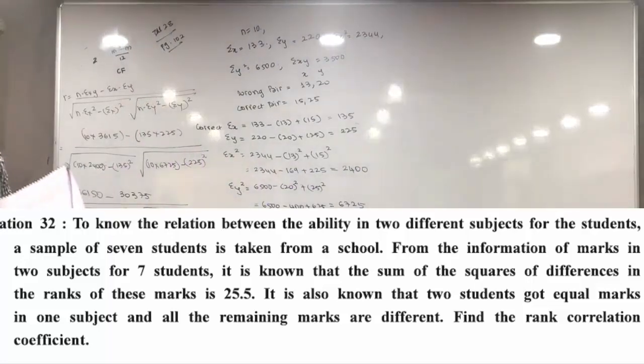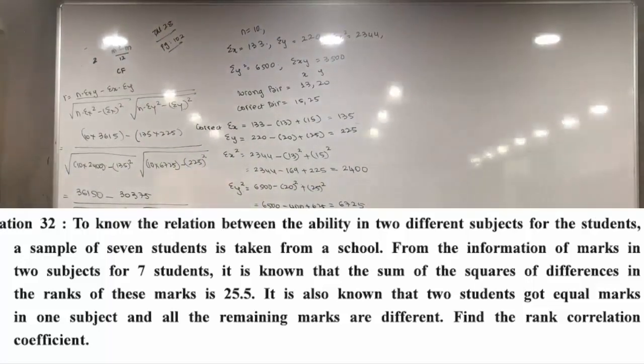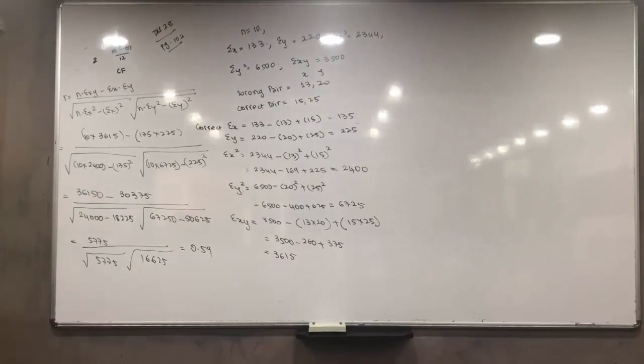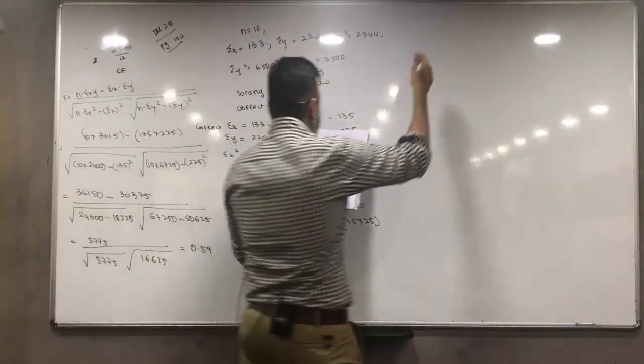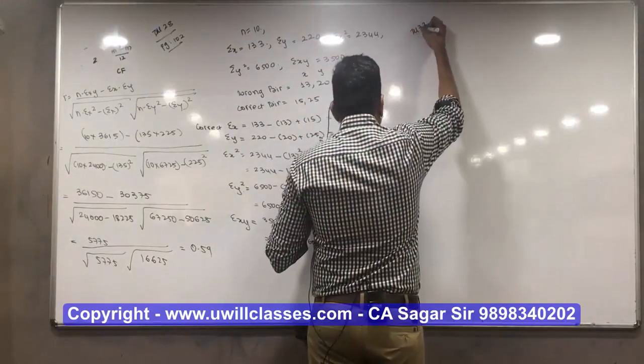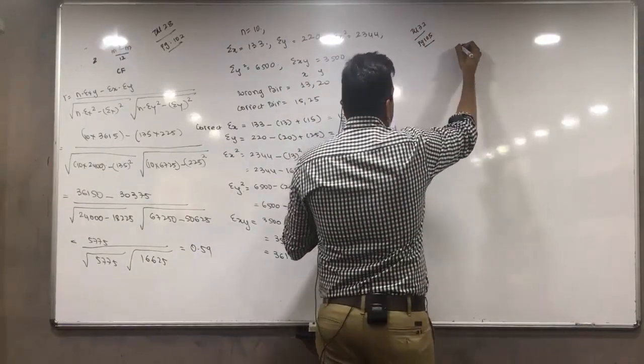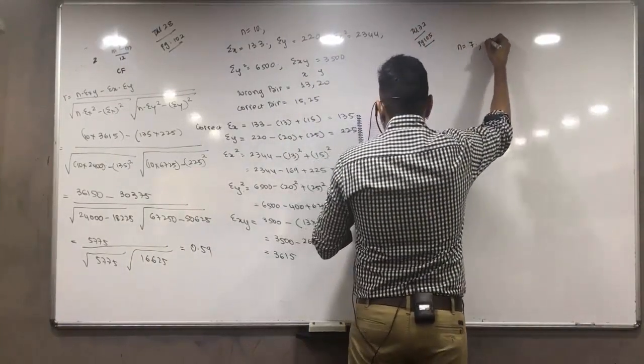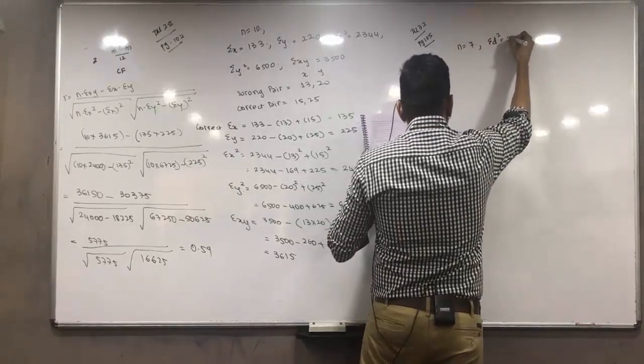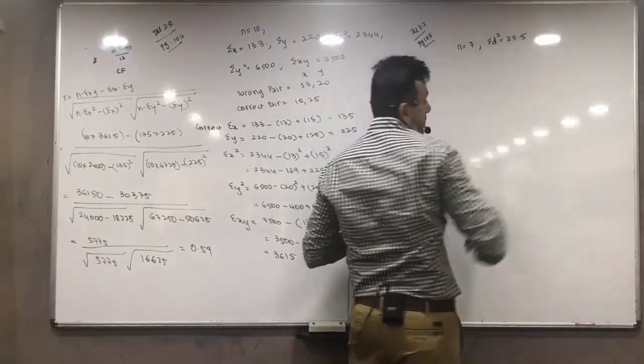First write what is given. Illustration 32, page 105. N is equal to 7. Sigma d square is 25.5.